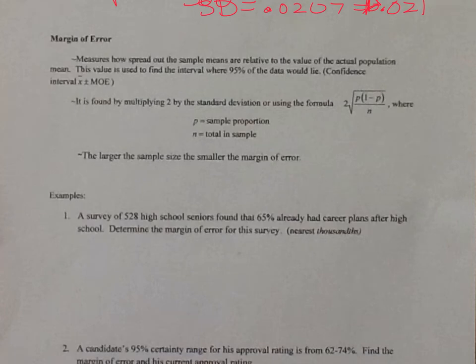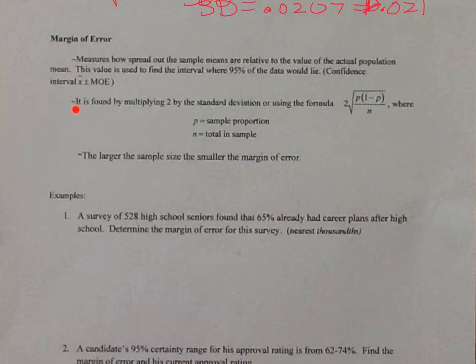All right, so let's take a look at what it says about margin of error. Margin of error measures how spread out the sample means are relative to the value of the actual population mean. This value is used to find the interval where 95% of the data would lie. This is the confidence interval: the mean plus or minus the margin of error.